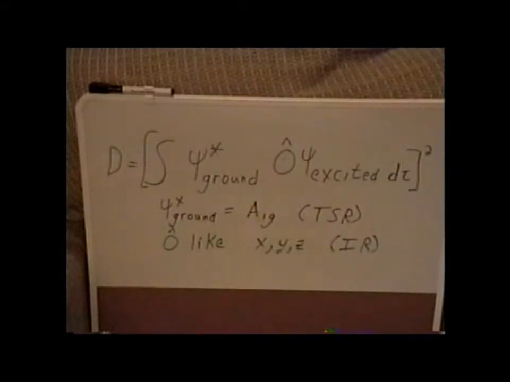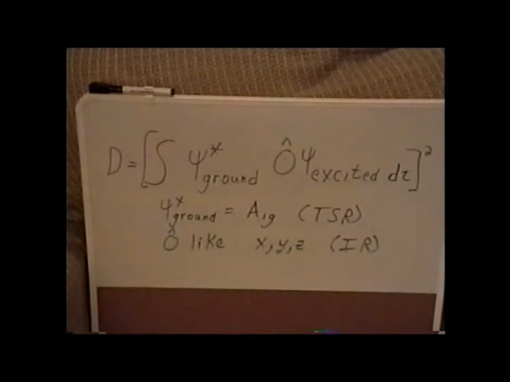In vibrational spectroscopy, such as infrared or Raman, the ground state always has the symmetry of the totally symmetric representation. Exactly what that representation will be labeled depends somewhat on what the point group is, but an example will be something like A1g. So it might be A1 or just A, depending upon the particular point group that we're investigating.